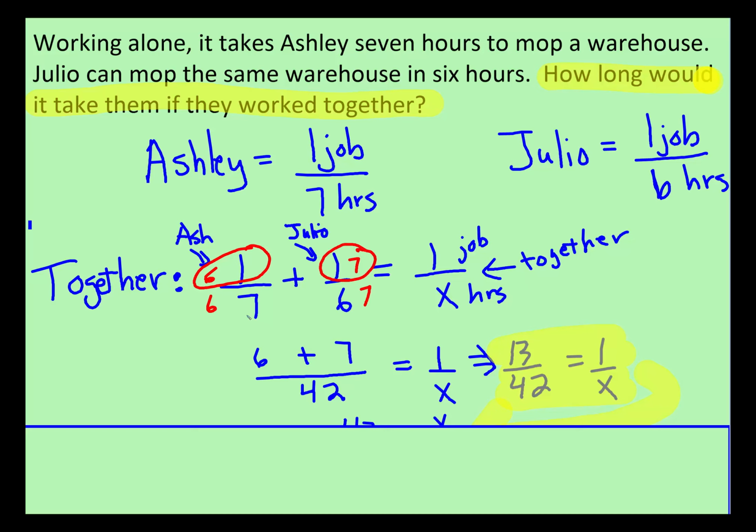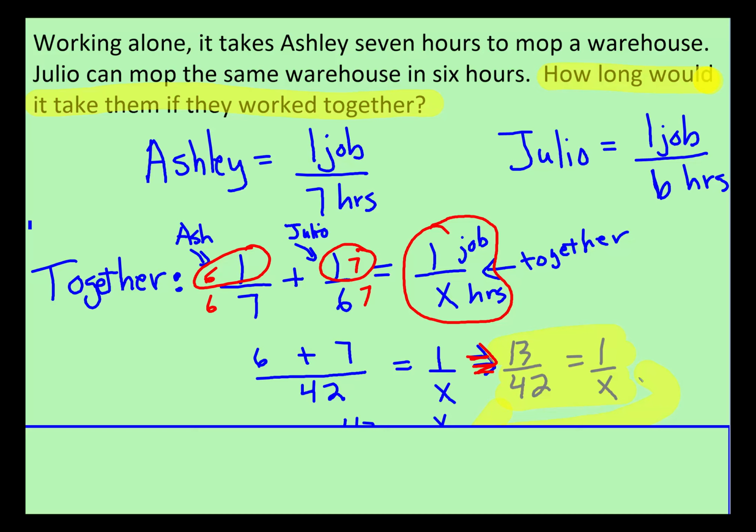And because they have the same denominator, 6 times 7 is 42, we can combine those things. So 6 plus 7 over 42 is equal to one task. And then furthermore, I just simplified: 13 over 42 is equal to 1 over x.